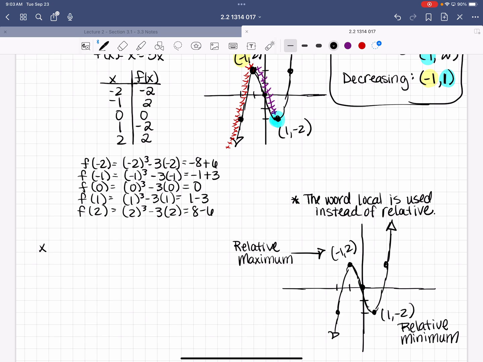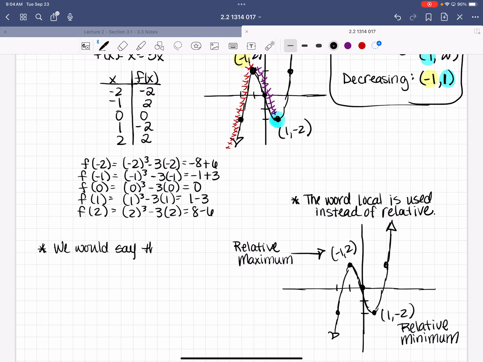Now, how we discuss those is a little tricky. We would say this graph has a relative maximum at negative 1.